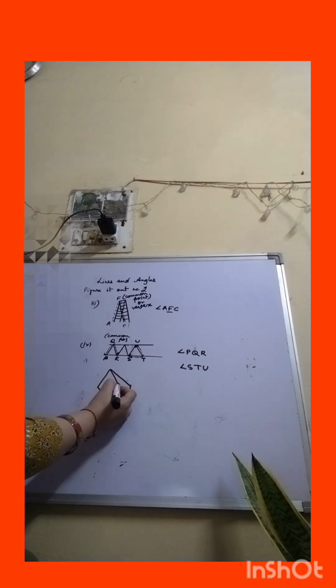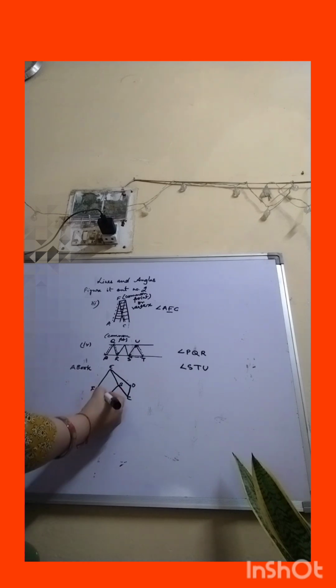A book is put in this manner. Some other examples so that you can understand what we are talking about. Now in this book, suppose I name the points as A, B, C, D, E, F.